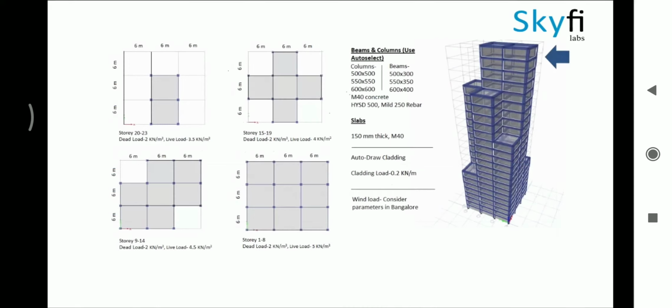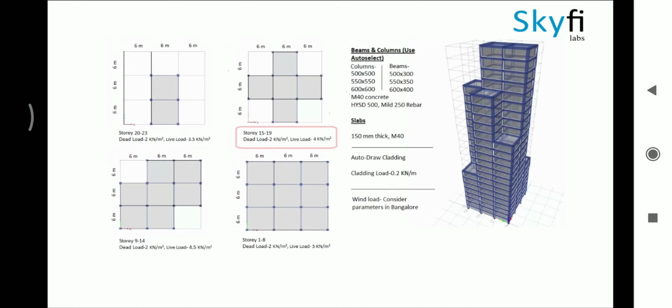This is a 23-story building that you will be designing. The lateral section of the building is different for different sets of stories. Not only this, the live loads are also different for each of these sets of floors. For stories 1 to 8, the live load is 5 kN per meter square. For stories 9 to 14, it is 4.5 kN per meter square.